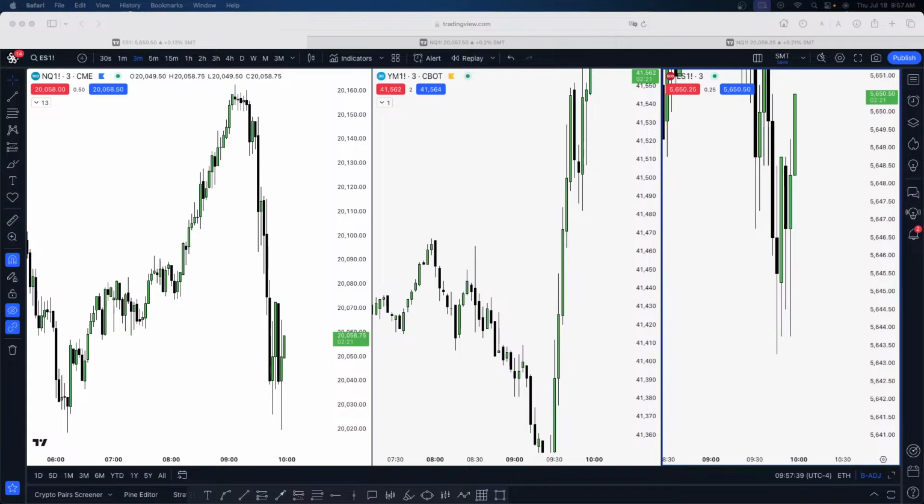SMT visible here. Looks like an A-plus breaker. If you watched my lecture on the A-plus breaker, you will understand why. Still gonna do one contract. Gonna follow the risk management, and I think we can do one contract.